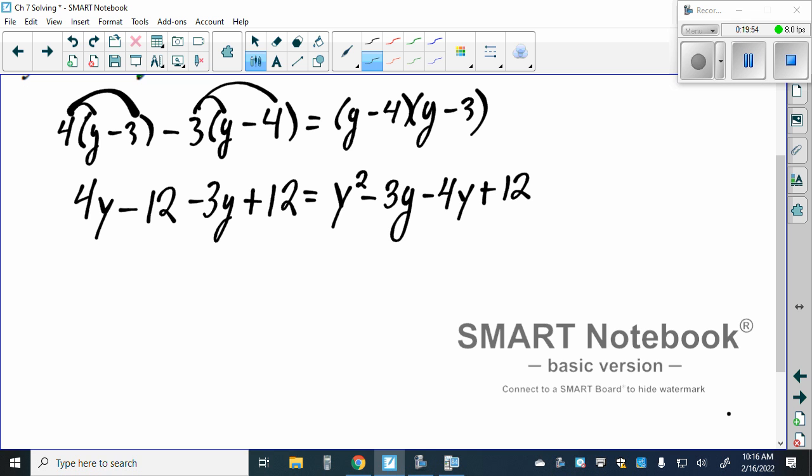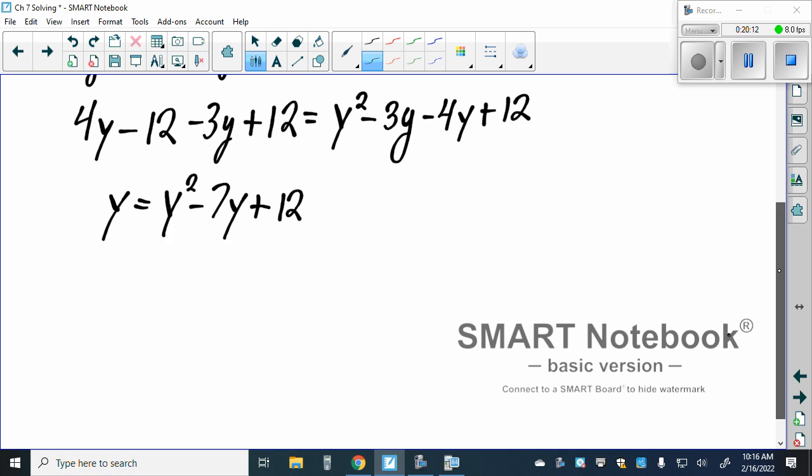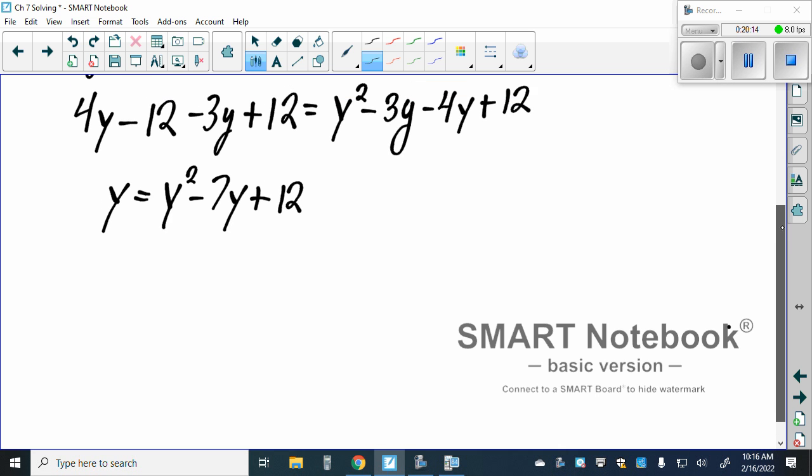Now at this point here, we can combine like terms on both sides. 4y minus 3y, negative 12 plus 12 is 0, equals, well, we'll have the y squared minus 7y plus... Any questions on this here?